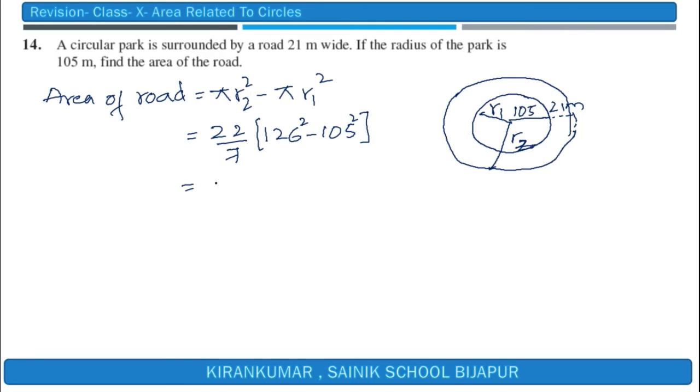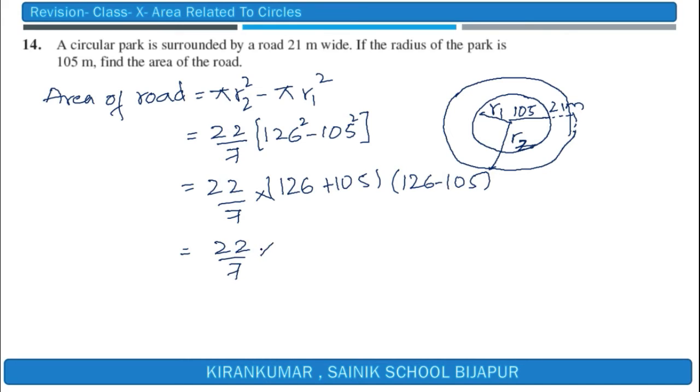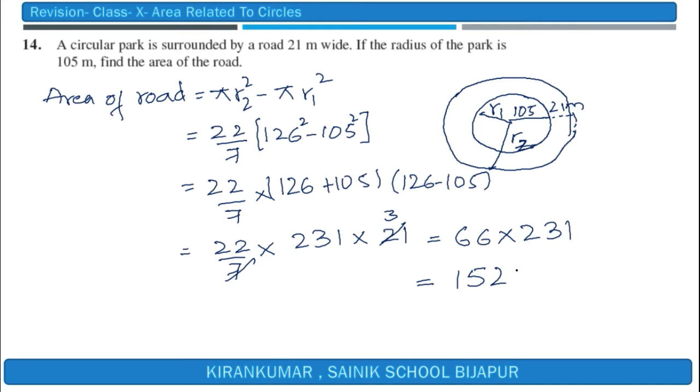Let me make use of the identity a square minus b square, that's 126 plus 105 times 126 minus 105. So 22 upon 7, and the sum is 231 and the difference is 21. So 7 3 times is 21. 3 multiplied by 22 is 66 times 231. Let's multiply. We get 15,246 meters square. This is the area of the road.